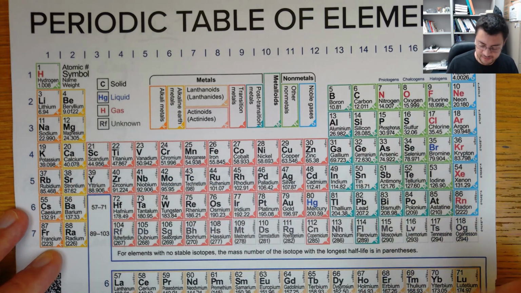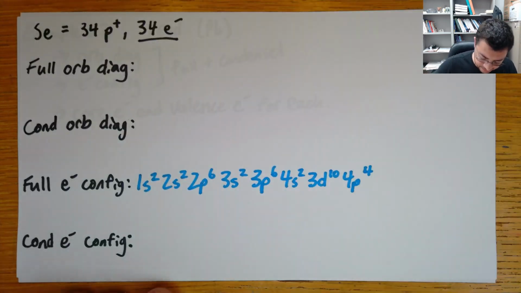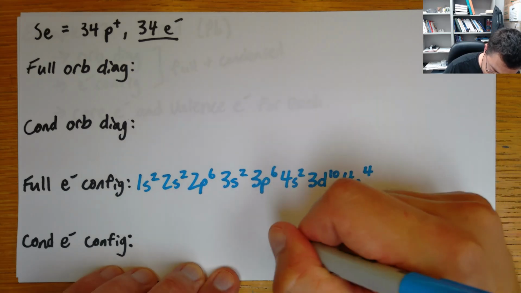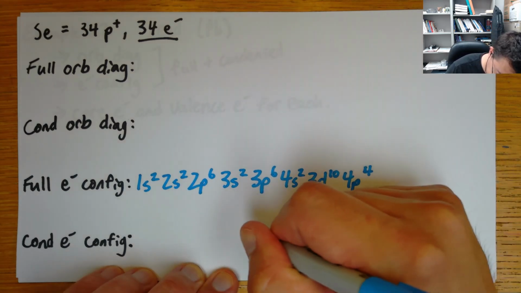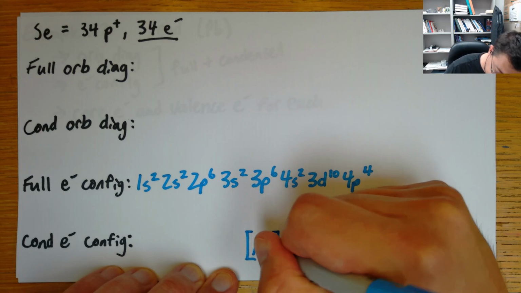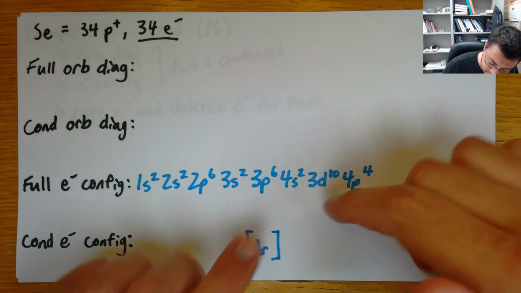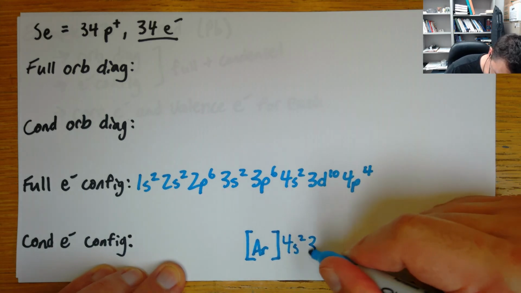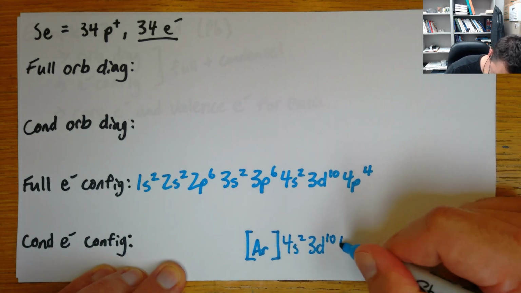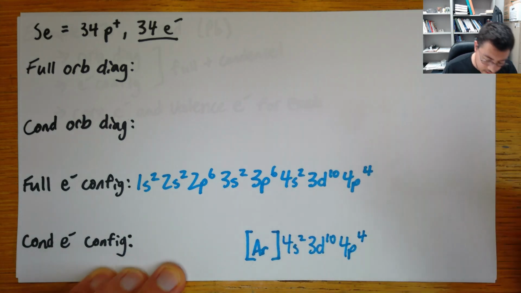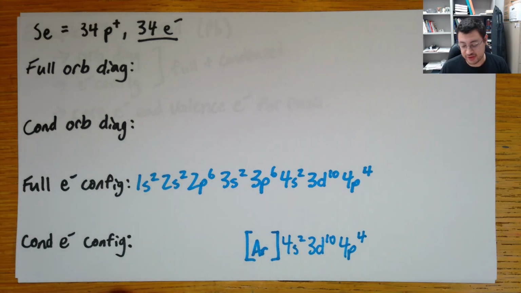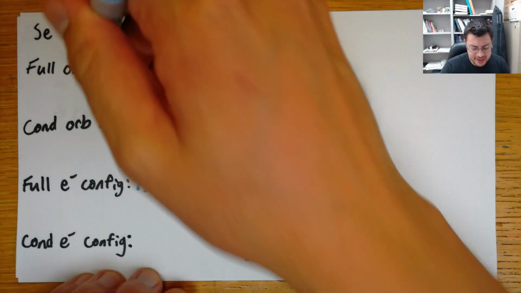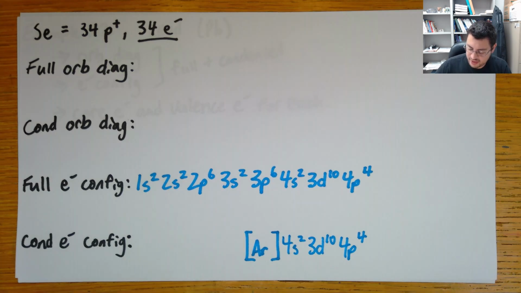We have argon. Argon stops at 3p6, and then we can just drop those down. All right, that's done.